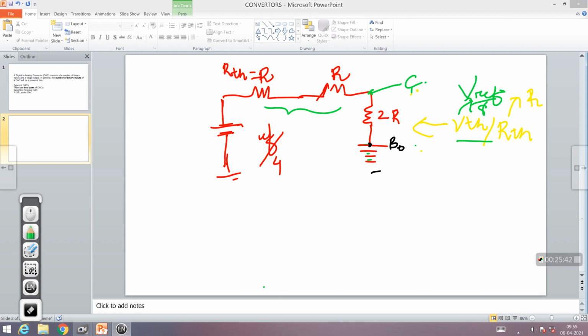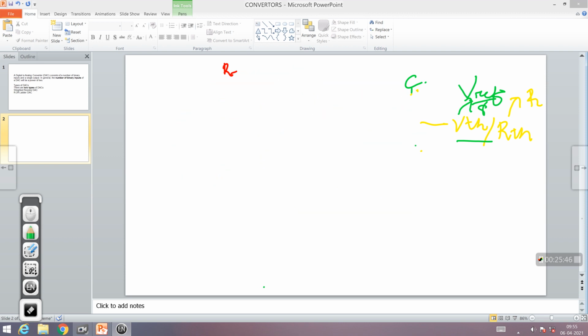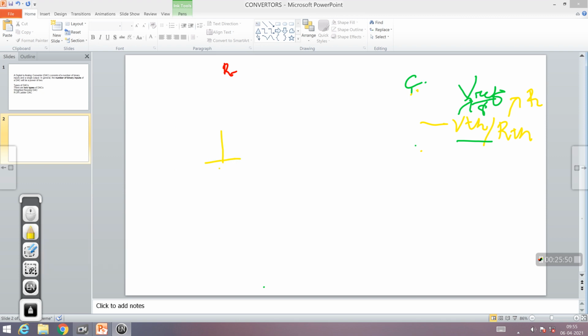This entire network, now I'm going to erase it and replace it by a single voltage source of Vref by 8 and the resistance of R. So now what I want to tell you is, ultimately the network that was given is a combination of R into R. The effective resistance at the end will always be R.